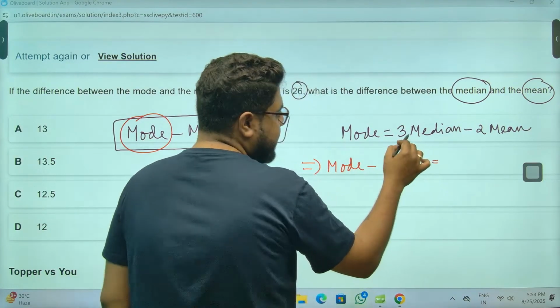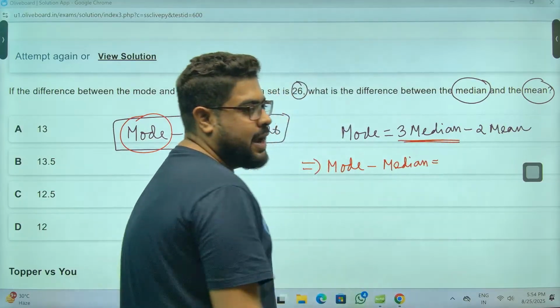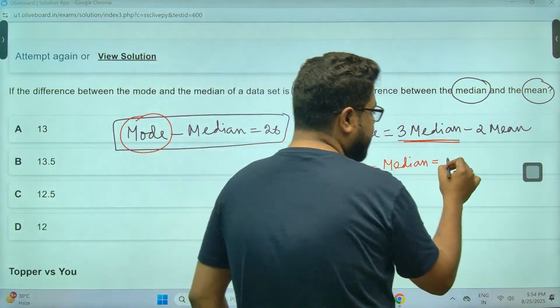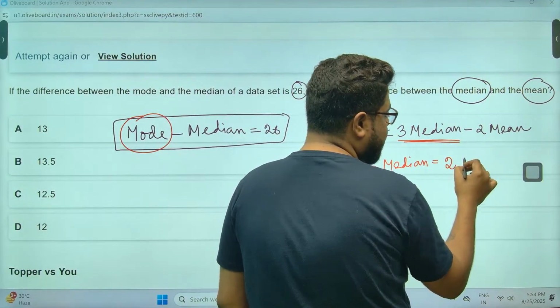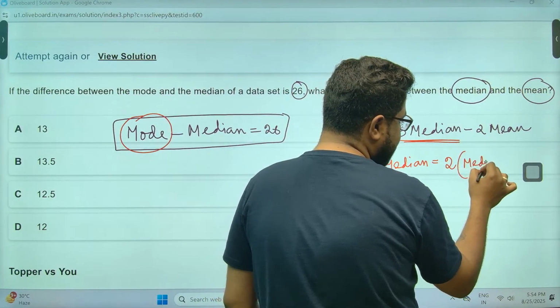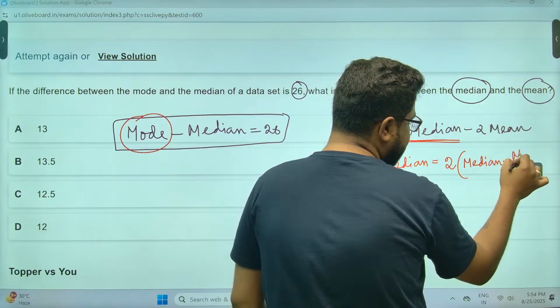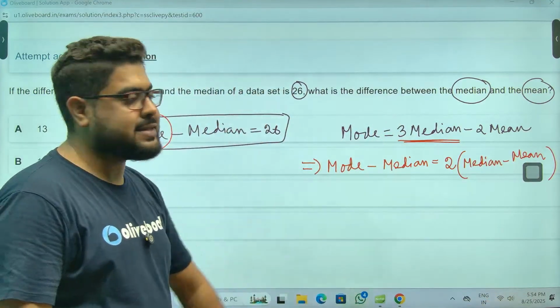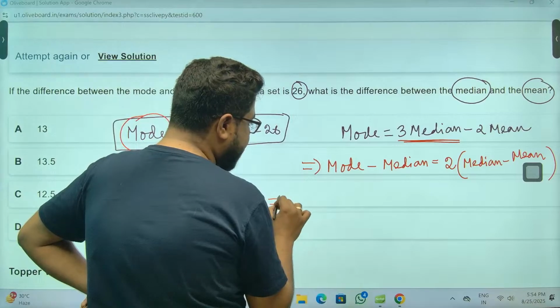So what I did: there were 3 median. I have taken 1 median to the left hand side, so there are 2 median left. So 2 I can now take common. It will become median minus mean. Now I can put the value, it will be easier.